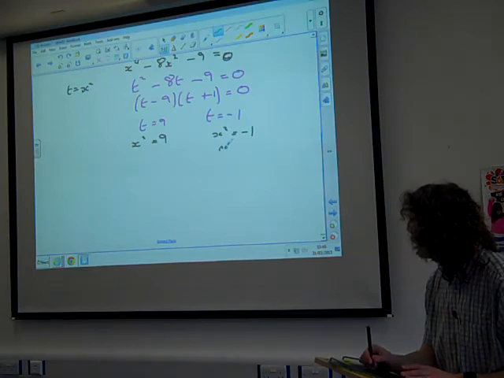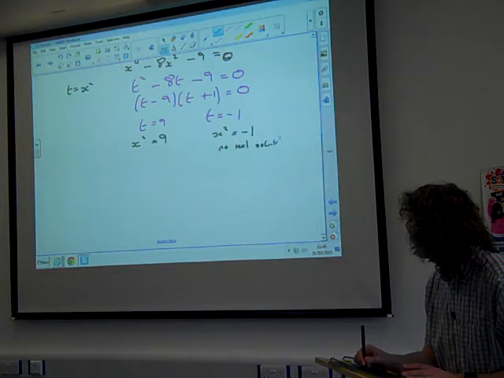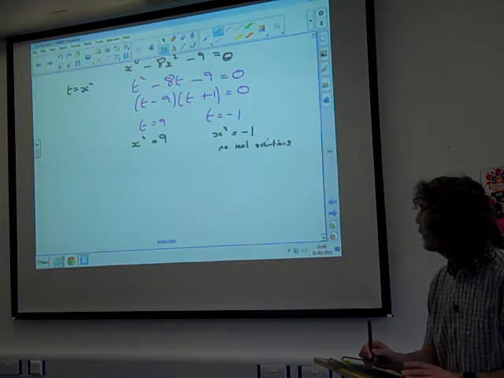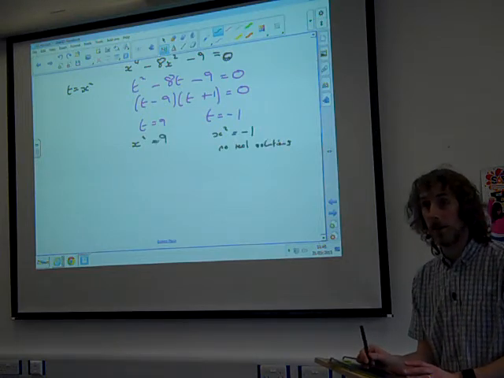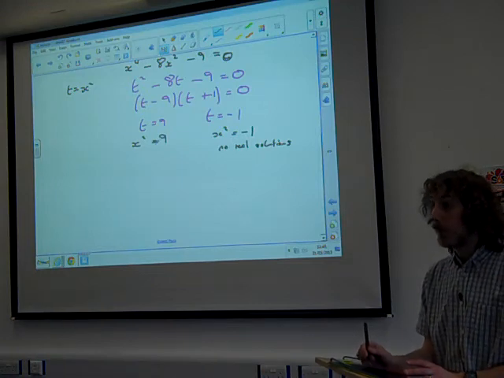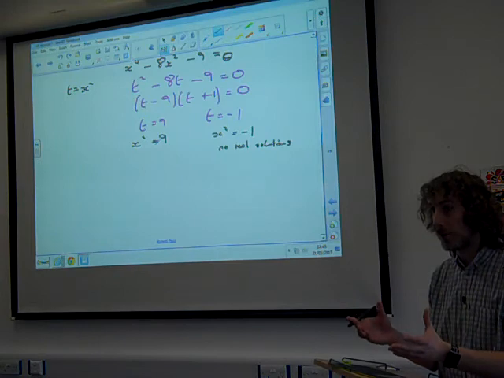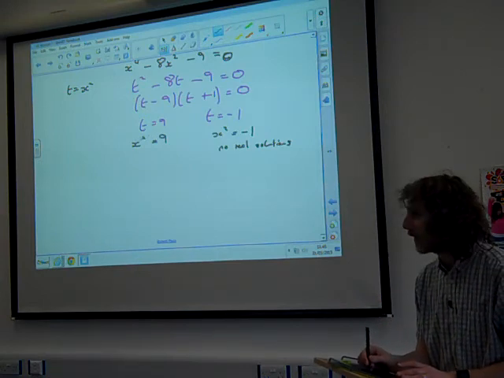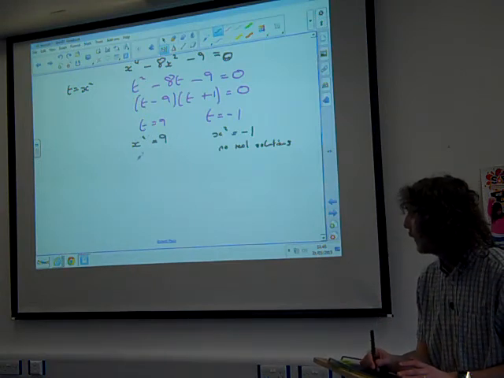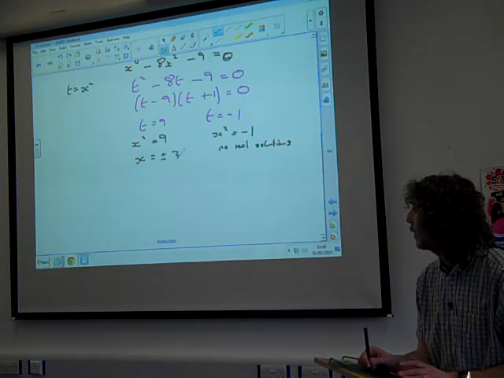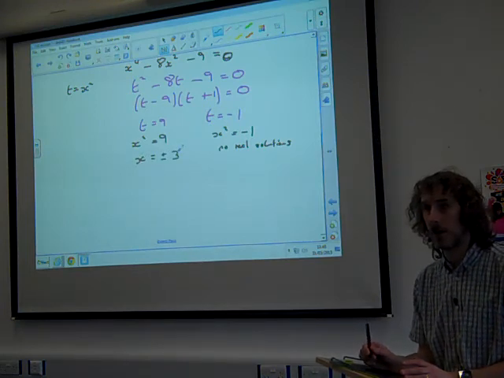So there are no real solutions to that. But over here we've got x squared equals 9. And again, it's the end of the paper, we're rushing a bit, we're thinking, wow, we're nearly finished, it would be so great to get out of this. x squared equals 9, we've got to be careful that we don't just write x equals 3. x equals plus or minus 3 as our answer to that.